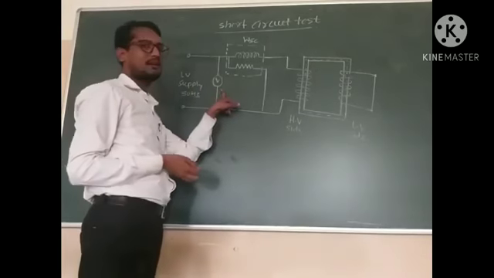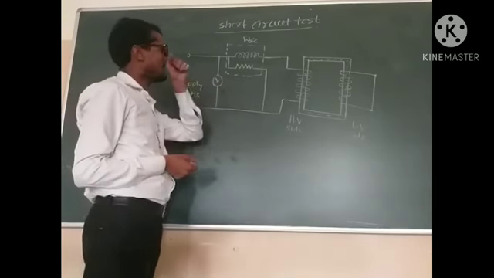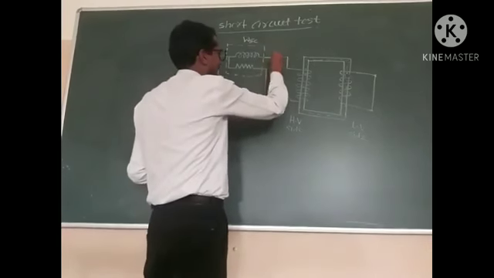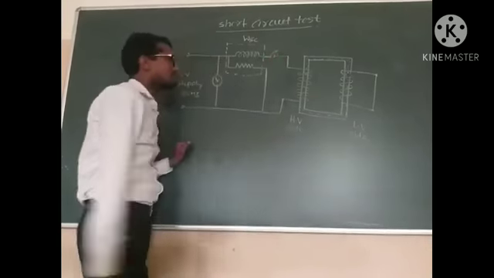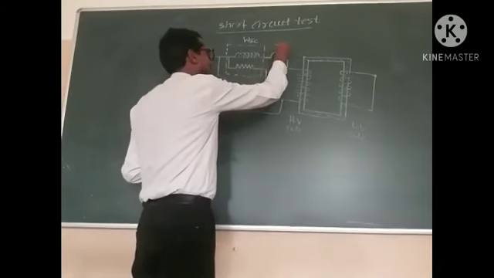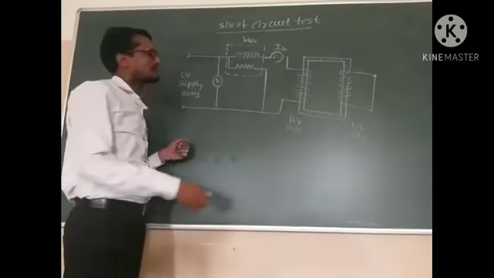After that, we connect here one voltmeter. After that, we connect here one ammeter, which measures the ISC, the short circuit current.